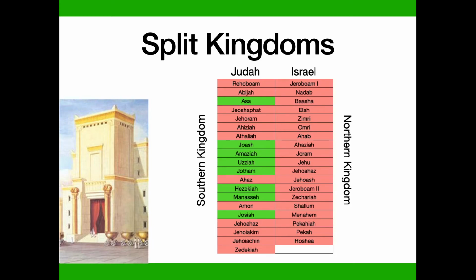So we're going to be talking a lot about the last green one, Josiah, because he is the one that changed the temple quite a bit. So we have lots of apostasy happening throughout the legacy of Solomon's temple. So if you look at the United States, I think it's an interesting comparison. So 400 years. A lot can happen in 400 years.